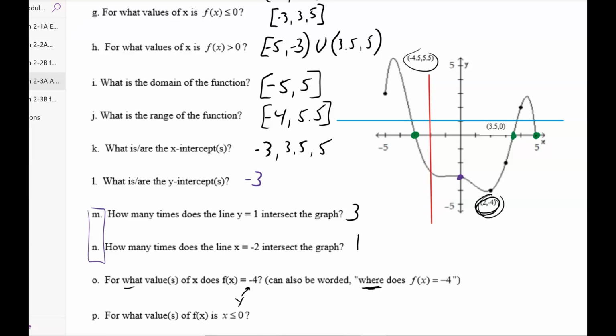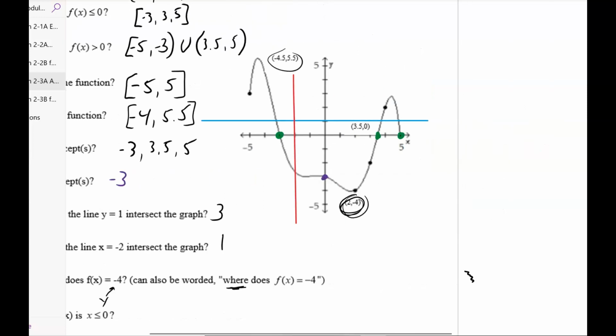And that's just one of the ways that we think about function notation, where the where is like the independent variable or the inputs, and the what is like the outputs or the dependent variable. Okay, so anyway, that occurs at 2. Where or what x values would be x equals 2. You can write x equals 2, and that's okay.